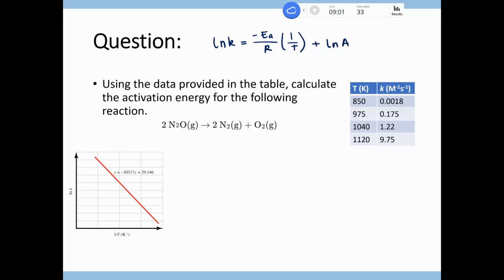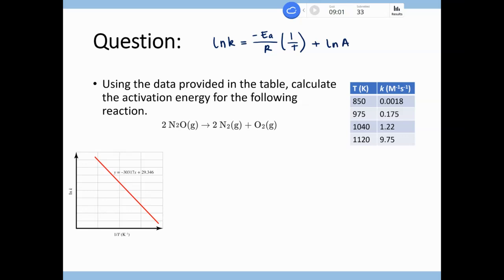So plotting natural log of rate constant versus 1 over temperature provides a straight line. And the slope of that line is negative activation energy over R. So if you were just given the values, you'd have to plot those points and find the slope. That's what was already done for us.